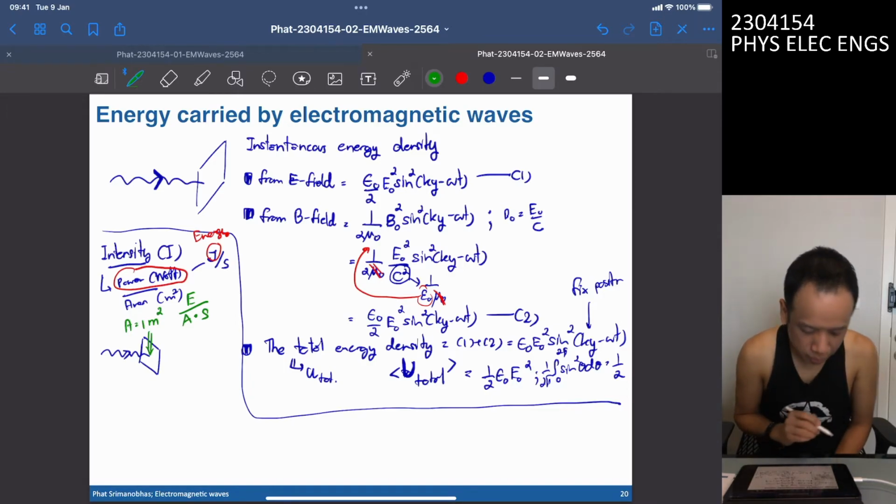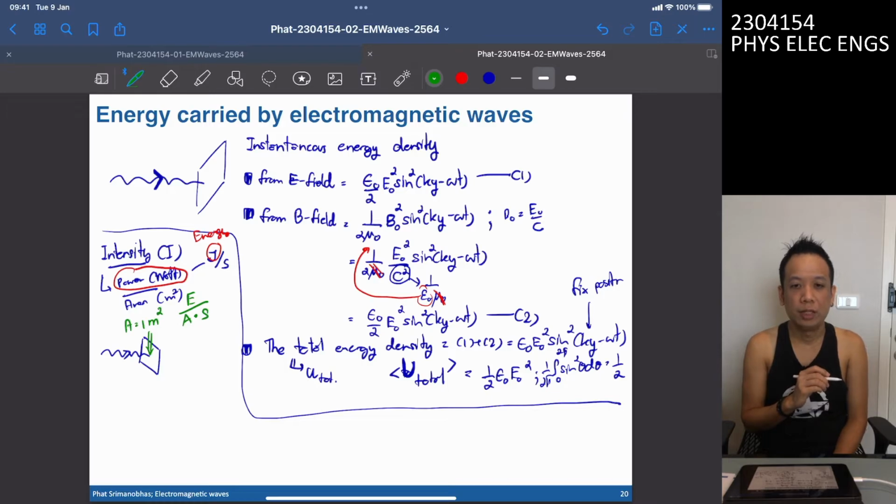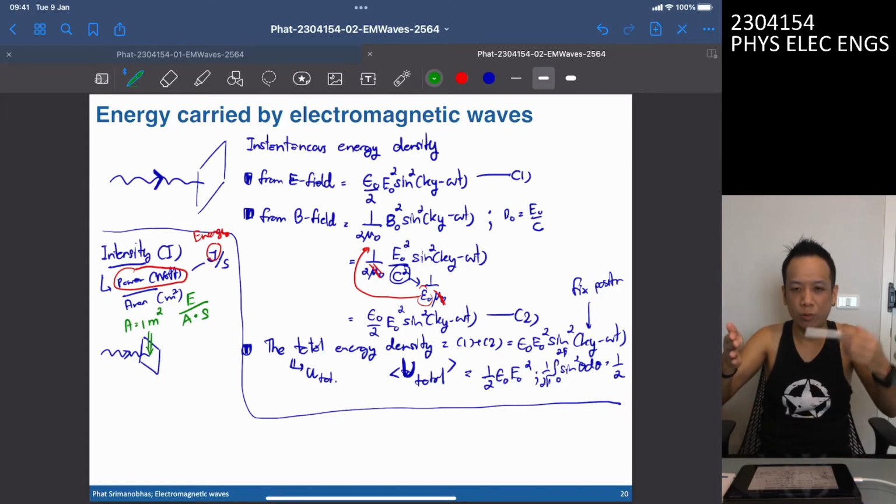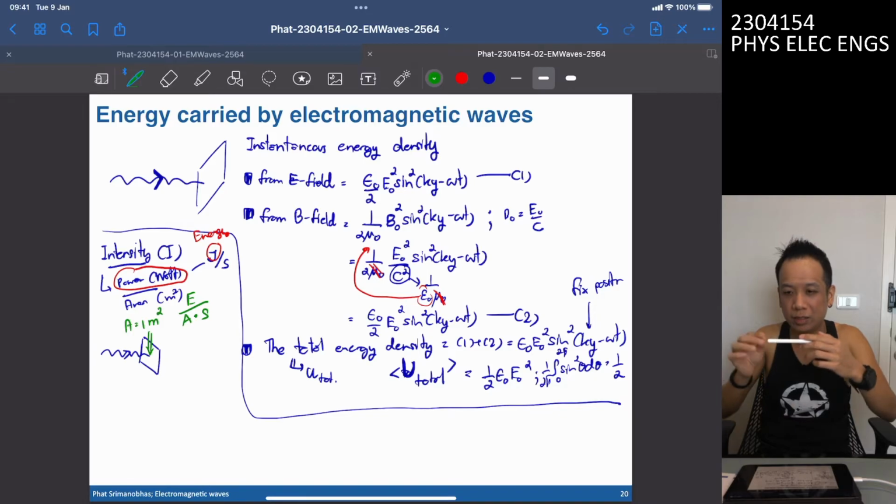Then what you have to do is per second, right? Per second, what does it mean? It means that when you have the area and then you have the wave come in, pass through it, after the second, this plane of the wave, this front, is traveling for 1 second.